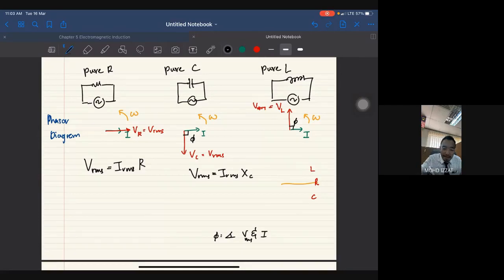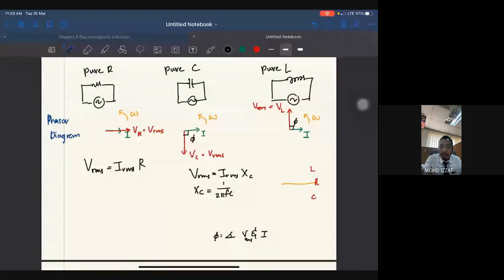Okay, so this capacitance reactance you can calculate using formula of XC equals to 1 over 2 pi FC. It depends on the frequency. The higher the frequency, in this case, the values of resistance will be lower. Kalau kamu nak bayangkan di kapasitor, the frequency tu banyak sangat. So the across the capacitor tu macam dah tak terasa dah. Something like that lah.